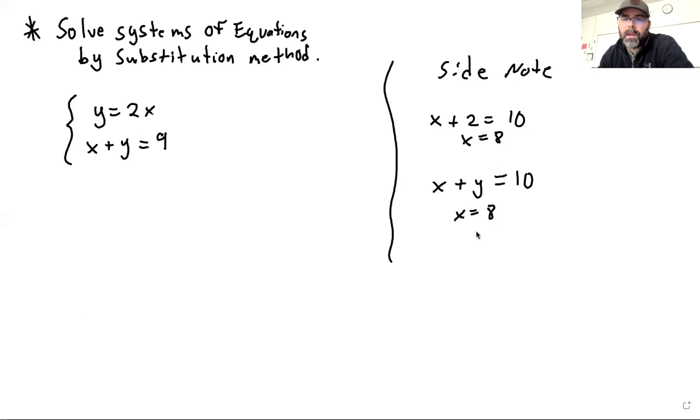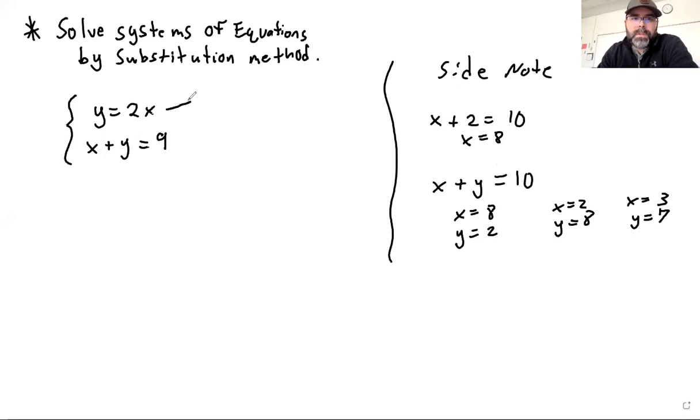Well, X could equal 8 and Y could equal 2, or X could equal 2 and Y could equal 8, or X could equal 3 and Y 7. Right, so there's an infinite combination of values that we could plug in for this to make this true. There's lots of different X's and Y's that make this true. There are an infinite set of solutions here.